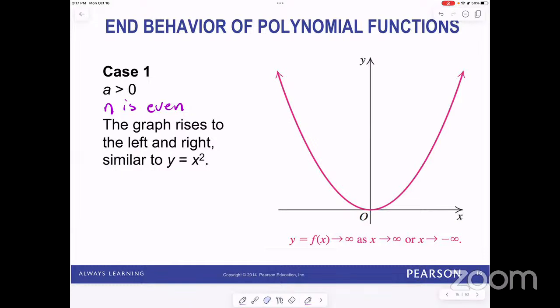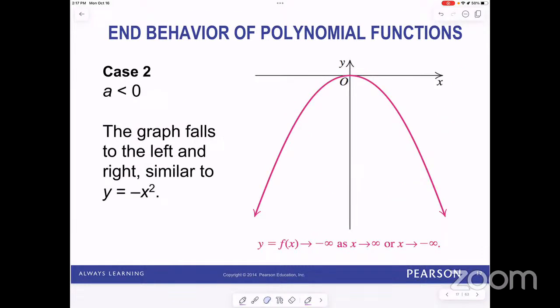A negative leading coefficient falls to the right, and if n is even, the left hand does the exact same. So it falls to the left.